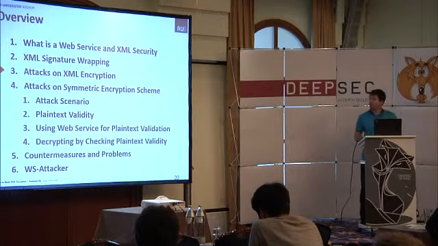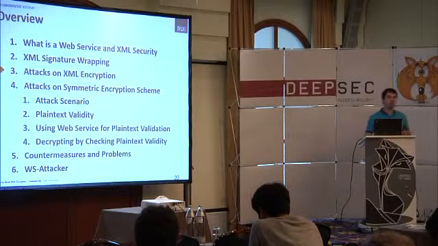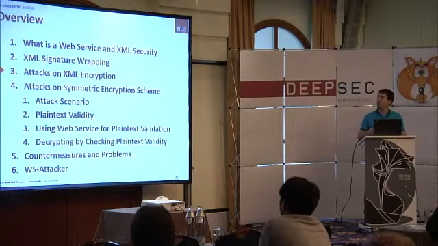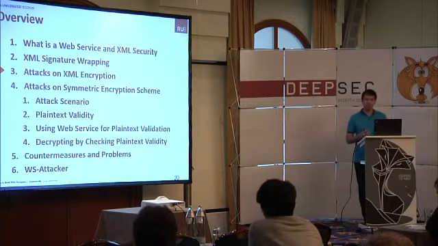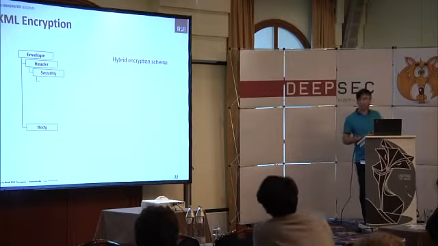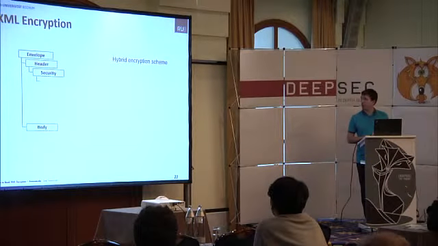Okay, so let's start with the attacks on XML encryption. I will first give you a basic explanation of how the attacks work and the scenario, and then I will go to the concrete description of a specific attack. In most cases, we use a hybrid encryption scheme in XML encryption. What does it mean?